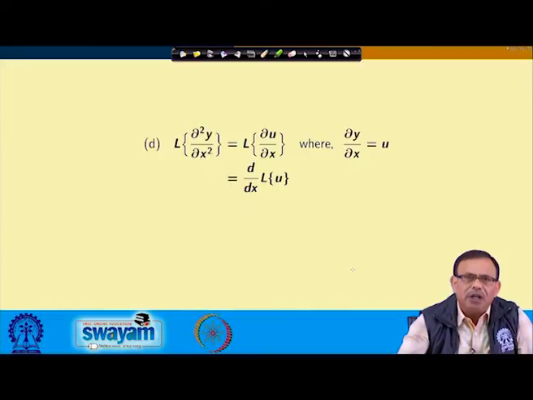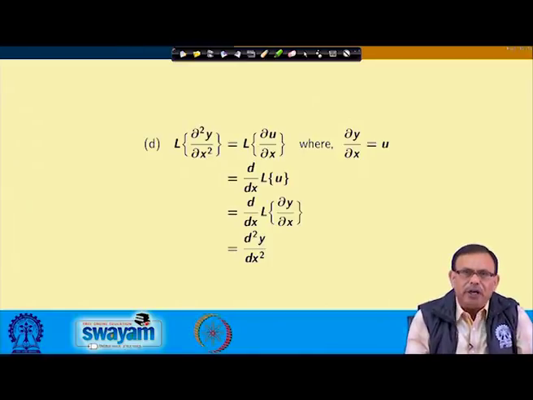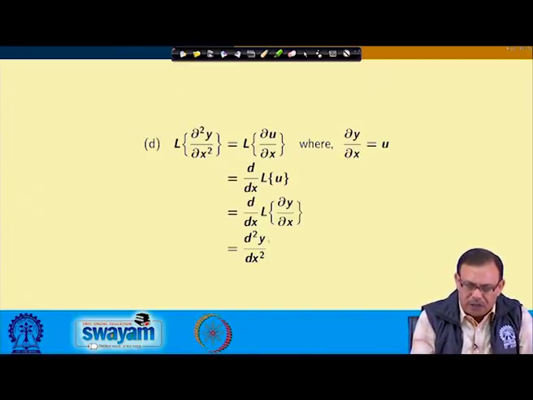This d dx I can bring outside, so d dx of Laplace transform of u, and Laplace transform of del y del x is nothing but d y bar dx. Again there is a mistake here, this will be d2 y bar dx square.